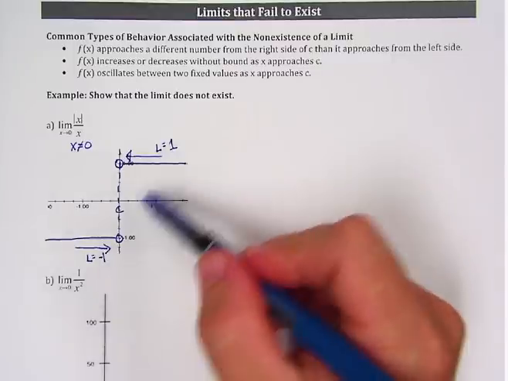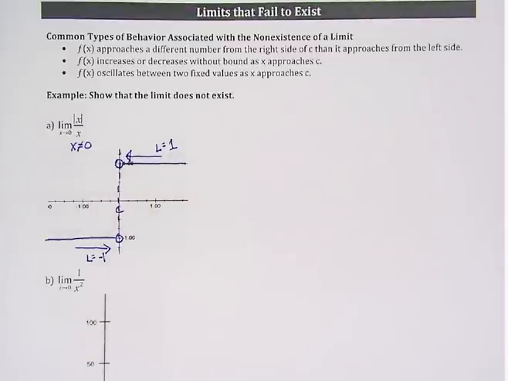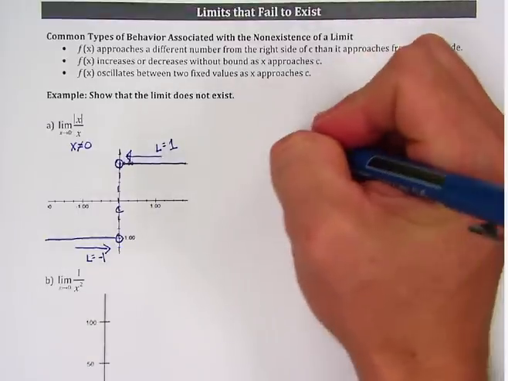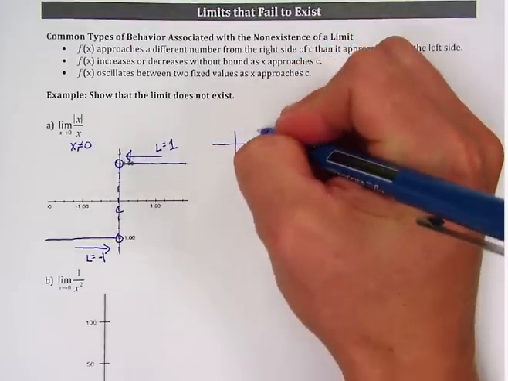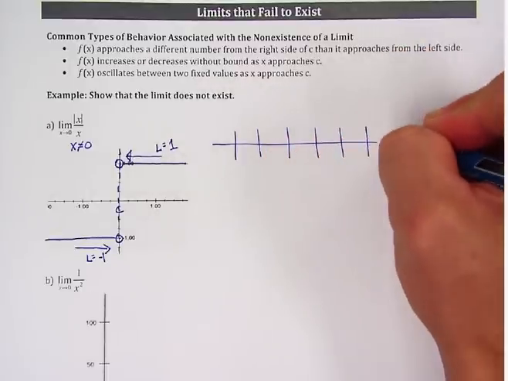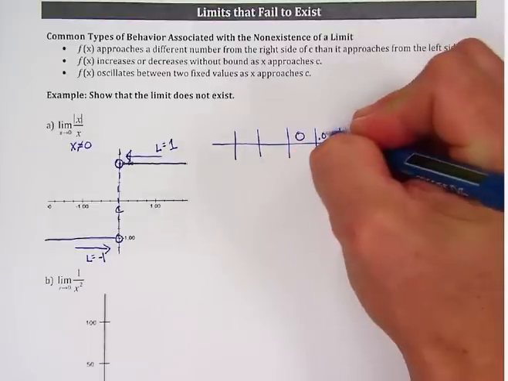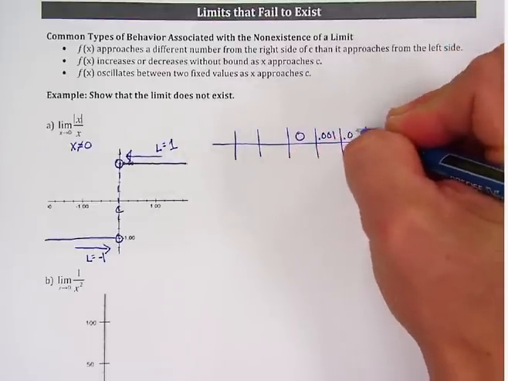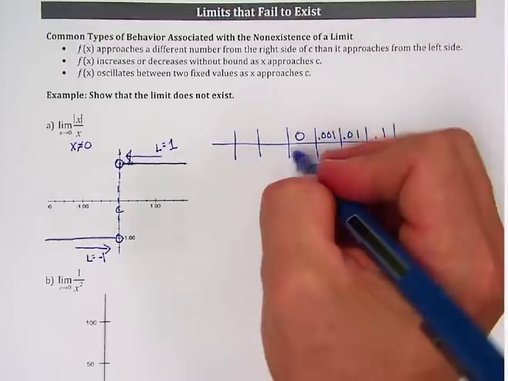Okay, so that right there is going to tell me that the limit doesn't exist. If we look at our table of values here, we'll put 0 here in the middle. Get larger and then get smaller.